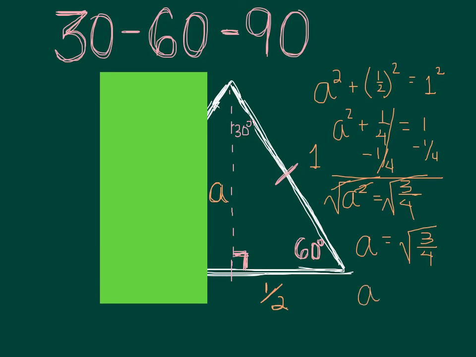So I know A equals the square root of 3, so the square root of the numerator, divided by, and now I need the square root of 4, but I know that's just 2. So I can say A equals the square root of 3 over 2. And that's going to be my final answer here.